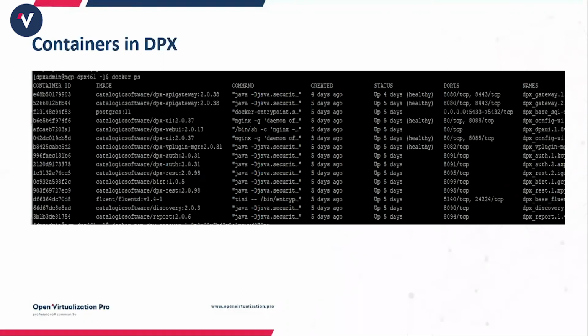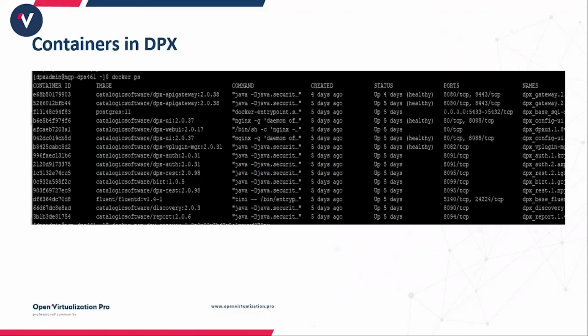So rather than having to deploy, let's say, multiple versions of our DPX master server, which is the control plane of DPX, we're able to containerize that process and then, as necessary, spin up a new virtual stateless machine instance to deploy and submit work to, rather than having a separate secondary server.